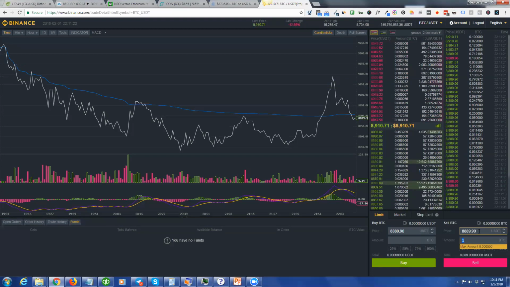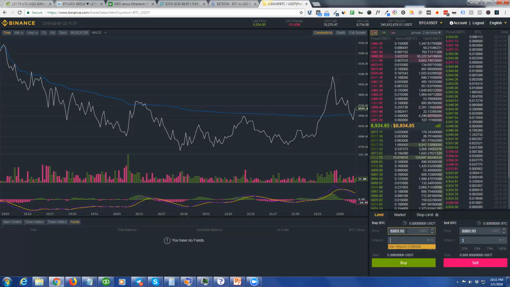If I sold it for $9,000, that means I have $9,000 in my USDT account, and I can now over here buy $9,000 worth of Bitcoin, but I have to put in how much Bitcoin I want to buy and at what price. So you buy Bitcoin on a limit here, sell it here.